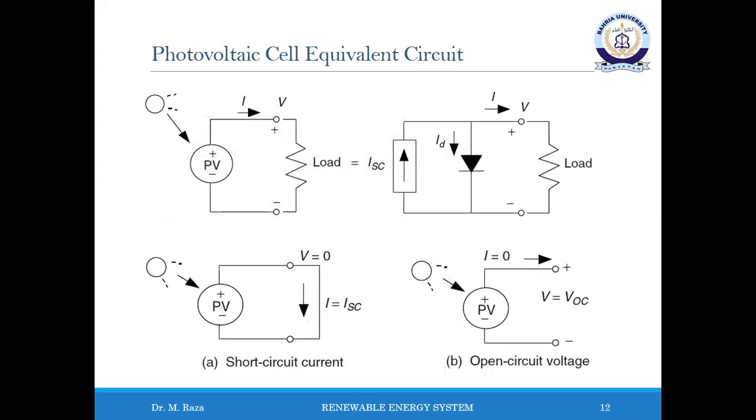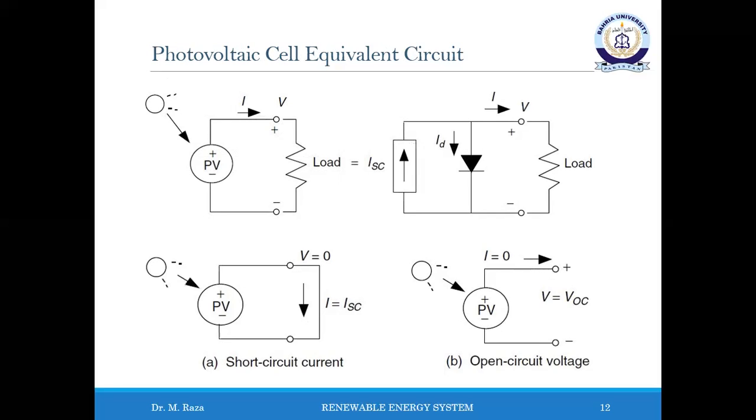A simple equivalent circuit model for a photovoltaic cell consists of a real diode in parallel with an ideal current source, as shown in this diagram. The ideal current source delivers current in proportion to the solar flux to which it is exposed. There are two conditions of particular interest for the actual PV and for its equivalent circuit.